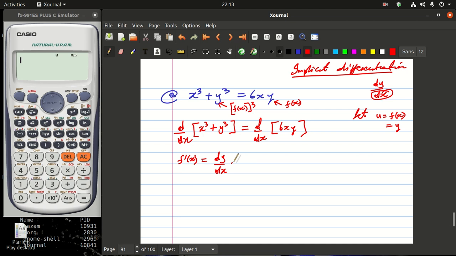It's going to be dy with respect to u first, and then we take du with respect to x at a later stage. But this y here is actually going to be the new function that we have.